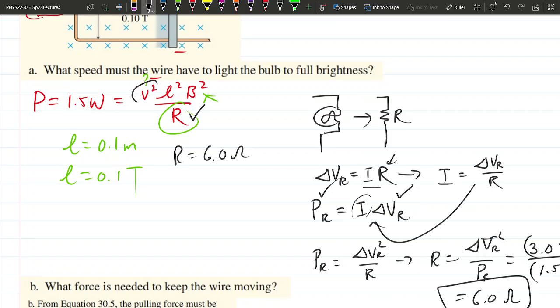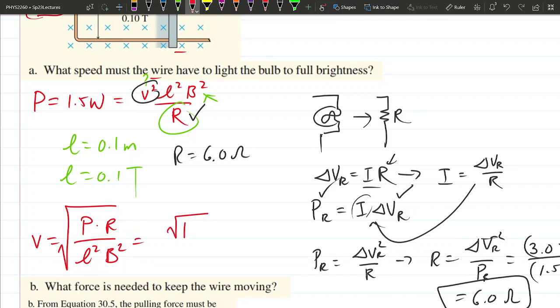Okay, so now I can solve this equation for V and just calculate what that has to be. So let's go back to red. So V is whatever the power is times R divided by L squared B squared, all square rooted. If you distribute these square roots, there's going to be the square root of P times R, divided by L B. If I plug in these numbers, it should be pretty fast.